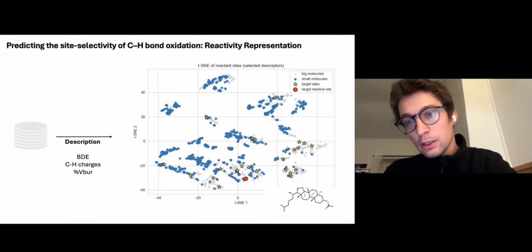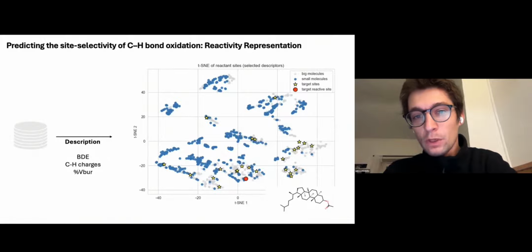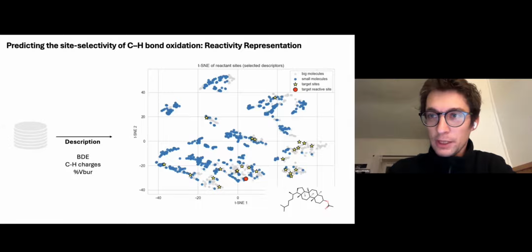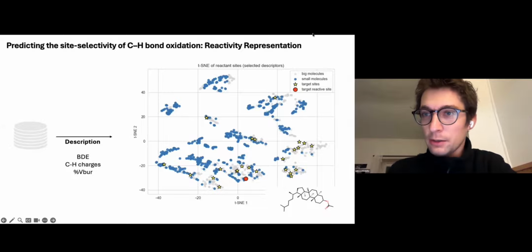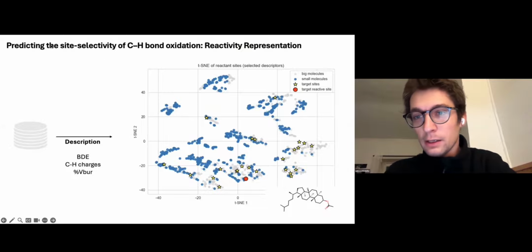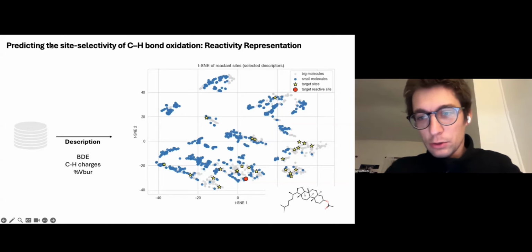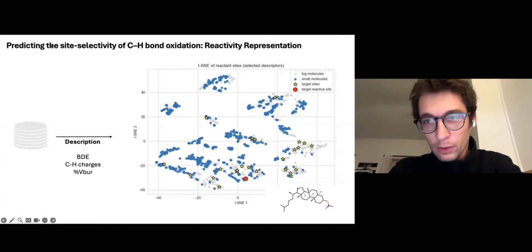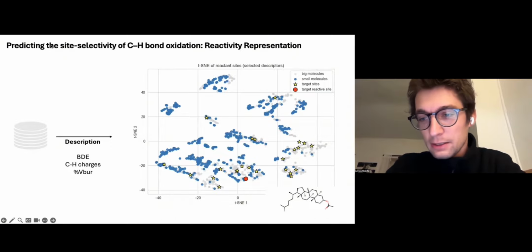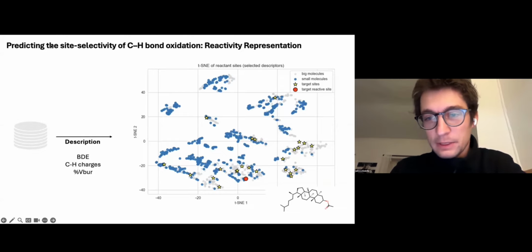And then when you do that, you can featurize all your CH sites on your training set, which are the small molecules here in blue, and also the big molecules, which are the complex molecules in gray. And what I show here are the target sites on that specific target.